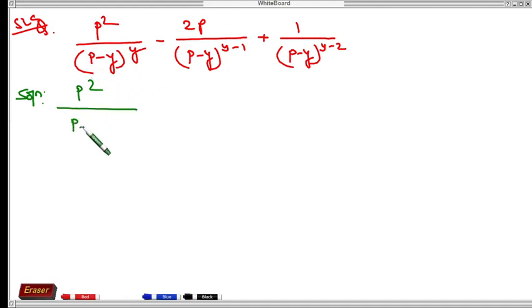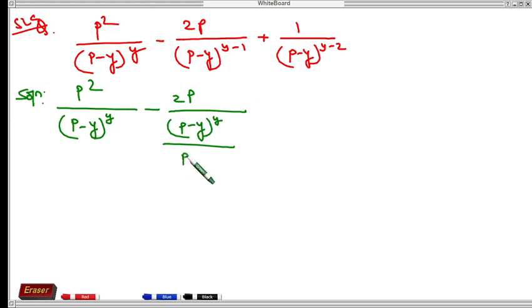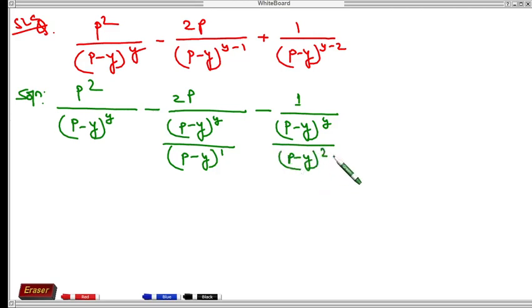Starting with (p − y)^(y−1), the power 1 is shifting down to the denominator. Here also, (p − y)^y over (p − y)^2. What I have done: here the minus 1 power is shifted to the denominator, and here the minus 2 power is shifted to the denominator.